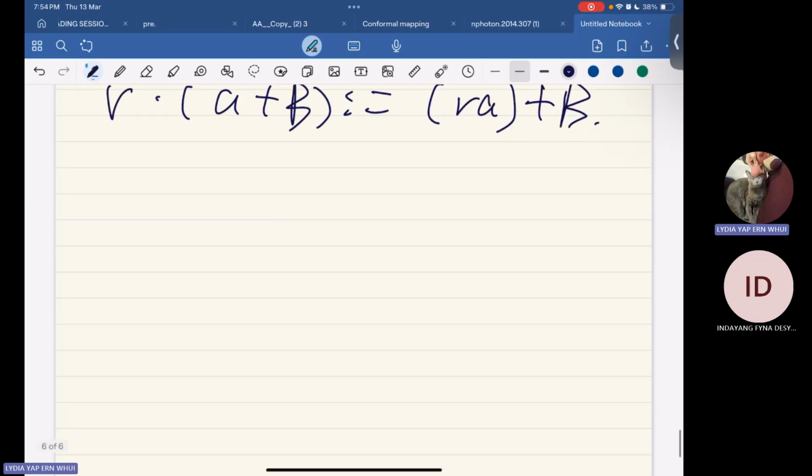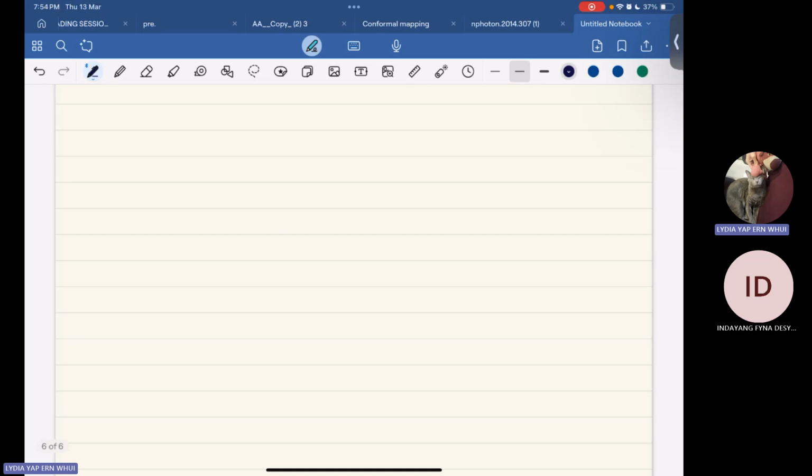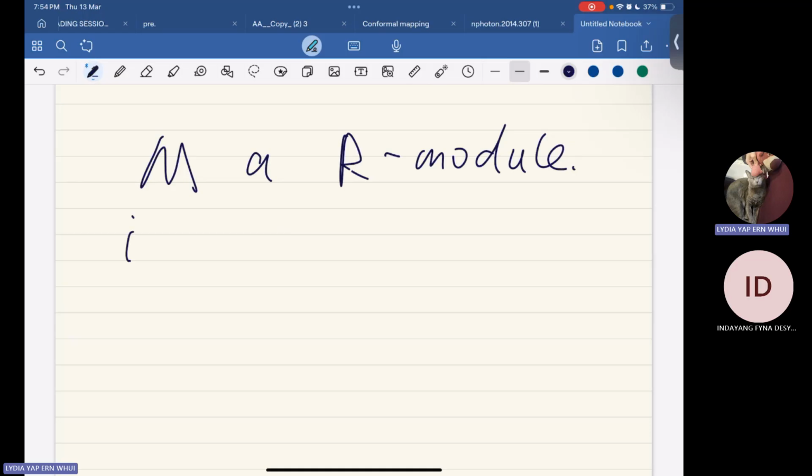Okay, you remember we just defined a graded ring, right? We can also define such a thing called a graded module. It's actually very similar. Let's consider M as an R-module.